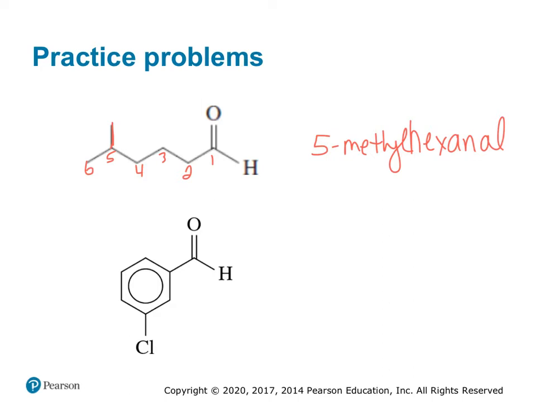Okay, the second example here, we see this benzene ring attached to the aldehyde carbonyl group. So this benzene ring is attached to the aldehyde, so it's known as benzaldehyde.